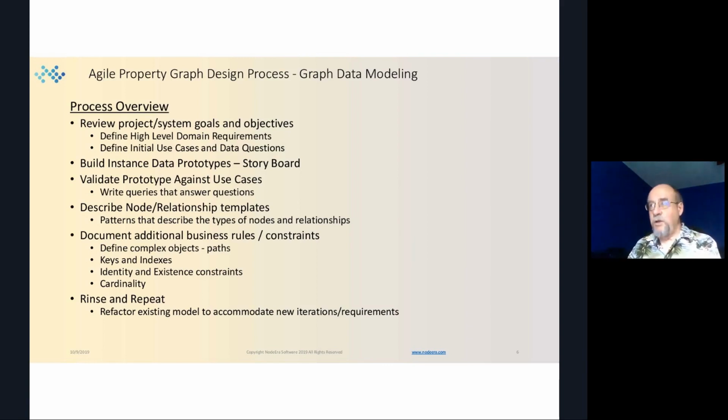And that's another bit of good news with Neo4j: it's easy to refactor. In the relational world, a lot of times once your model gets created and set, it gets set in stone, and it becomes difficult to change.